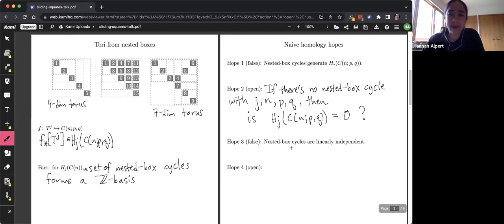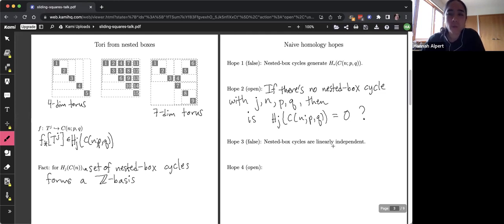Here's another hope that is just false if you hope it in the most naive way, that if you draw different nested box cycles, they should be linearly independent. This is sort of false for easy reasons, which is that for configuration space of points, there are relations that you can have between nested box cycles.